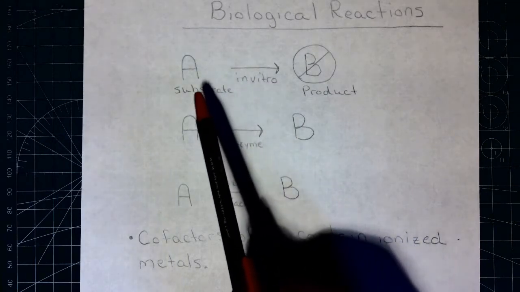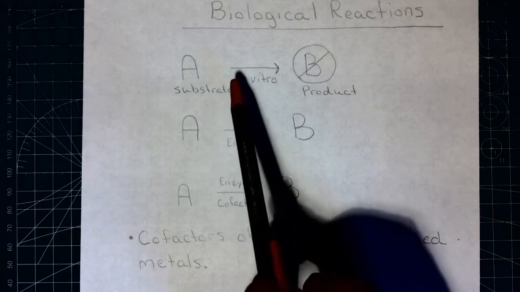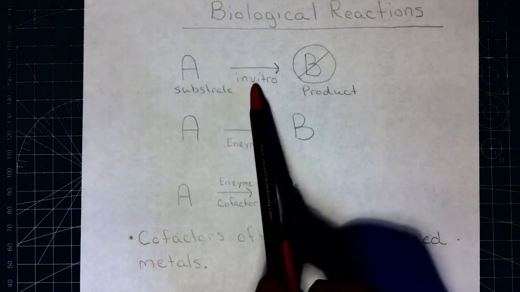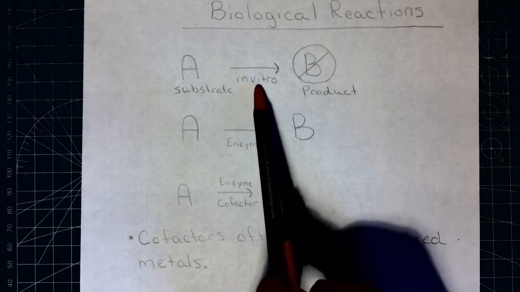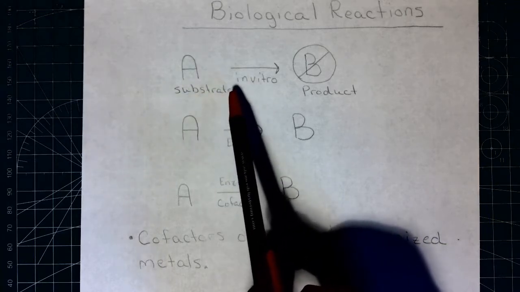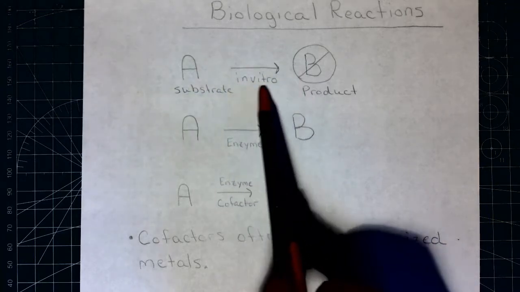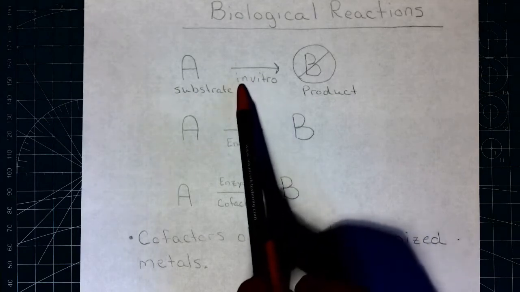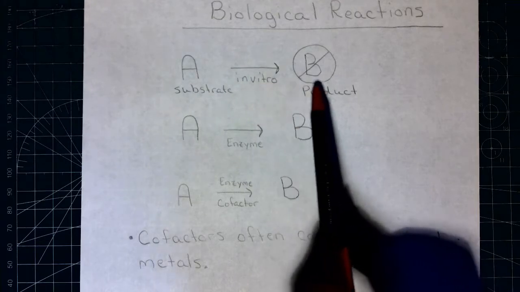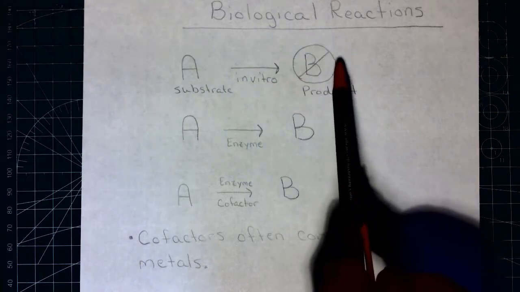And what happens is that reactions that occur inside of biological systems tend not to be always reproducible on the benchtop in a test tube, for instance. So we might have substrate A, we want to make B. We can't get this done inside of a test tube. That's what this is indicating here. So if we're in a test tube, we're not going to get product B.